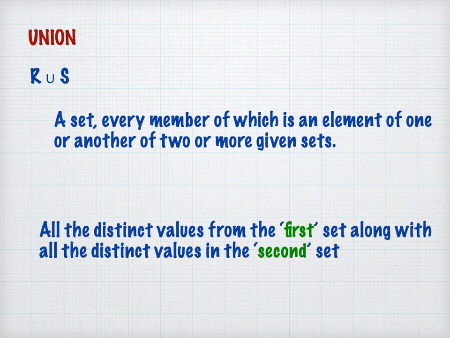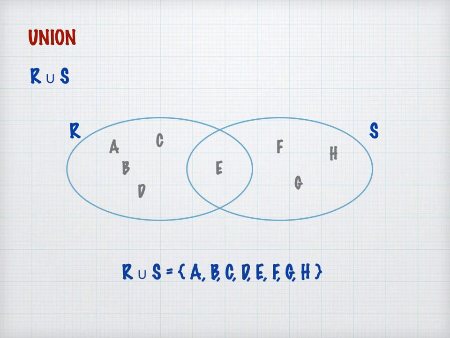And what we're going to do is combine that with another table. It's all the elements of the first set combined with all the elements of the second set. All the distinct values from the first combined with all the distinct elements from the second. And if you've done a maths course on sets recently, then you're familiar with this notation, where you use braces and commas to indicate it's going to be all of the elements.